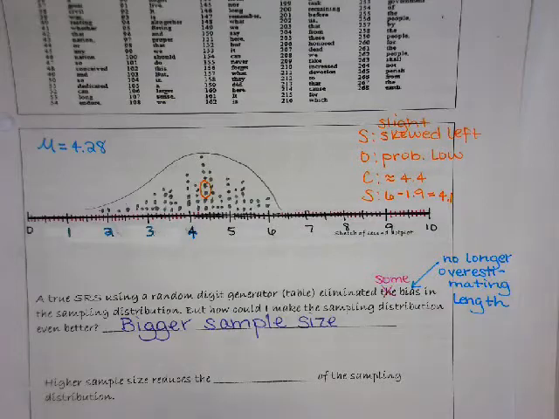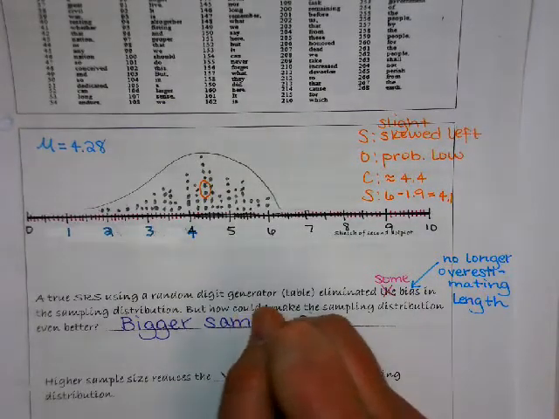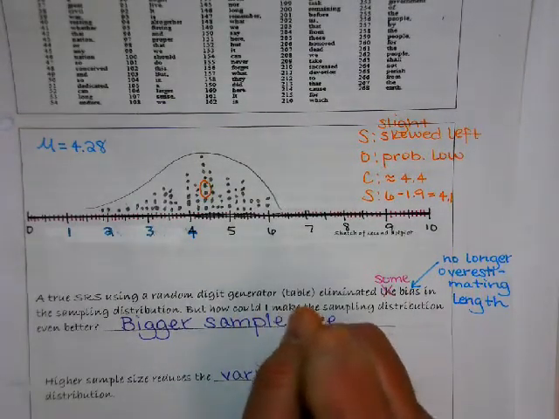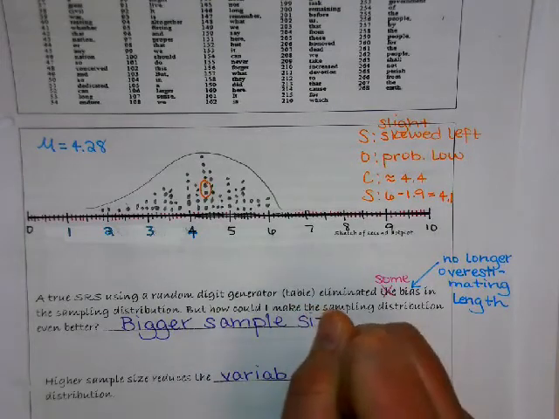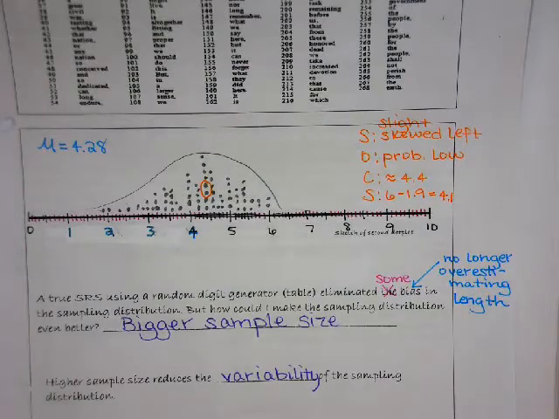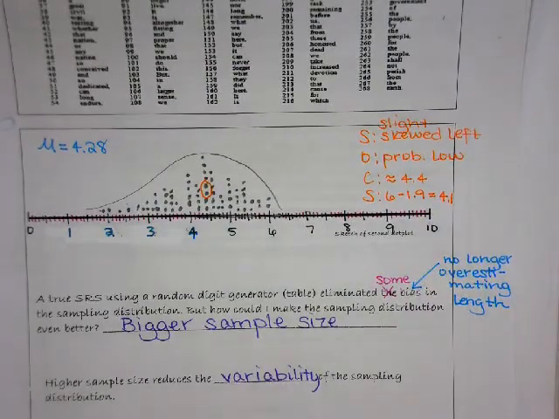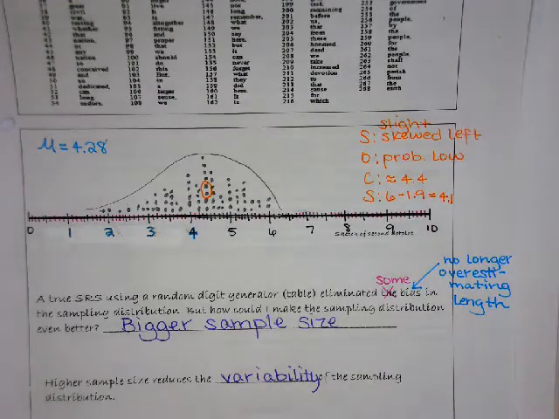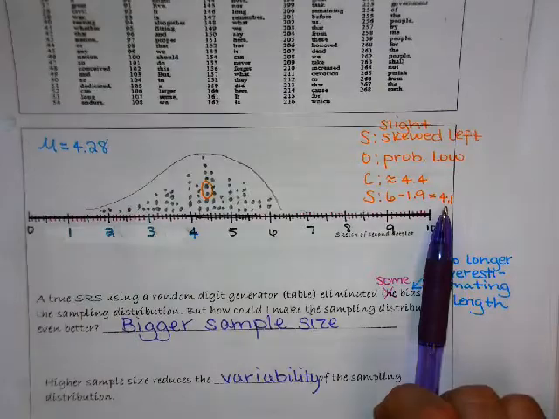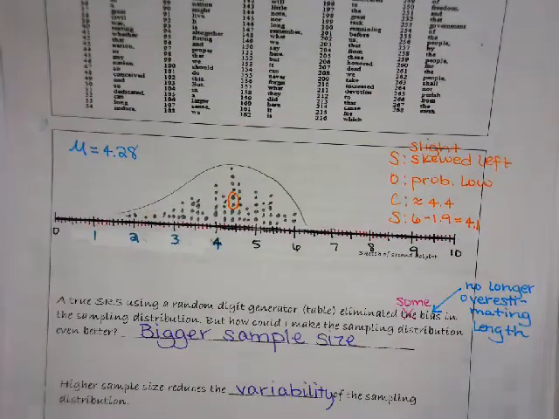We did reduce our spread, because spread is how much variation you have in your distribution. It did get reduced somewhat. We went from 6 down to 4. But if we worked with bigger sample sizes, then it would take that spread and put it even closer together. Yes?